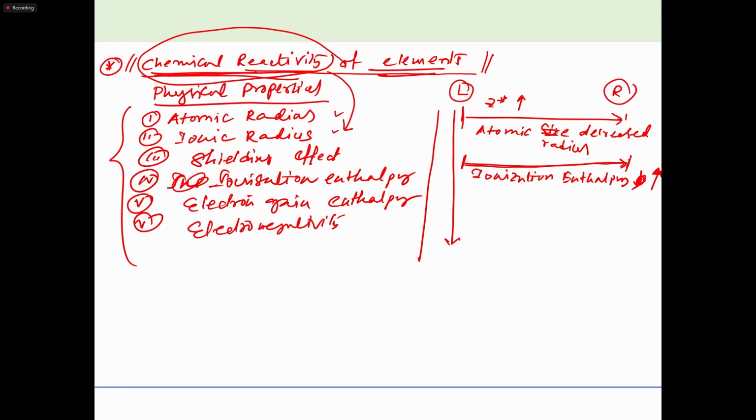So ionization enthalpy is increasing. When going from left to right, the electron gain enthalpy becomes more negative.